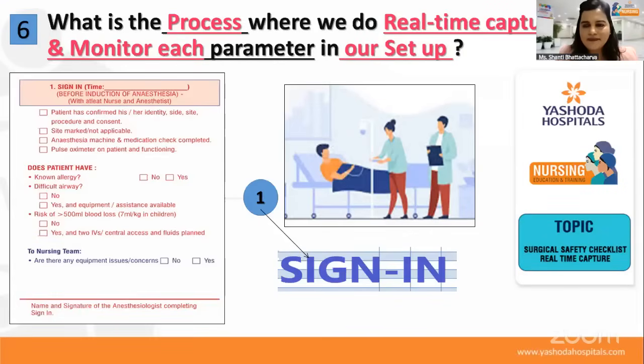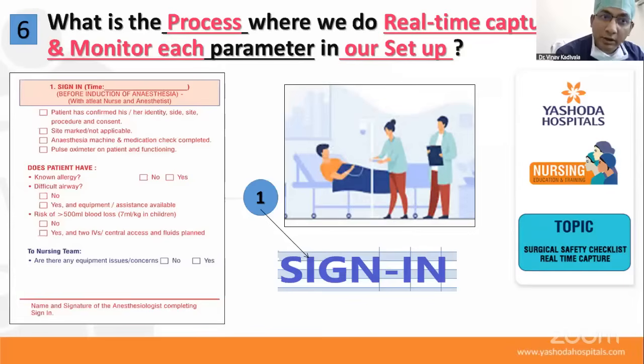In sign in, the anesthesiologist plays an extremely active role because he, in coordination with the staff concerned, will check first of all whether we have wheeled in the right patient or not. Because it has happened in the past, before the WHO safety checklist was implemented properly, that we wheeled in the wrong patient. And even when we wheeled in the right patient, the site was marked wrong.